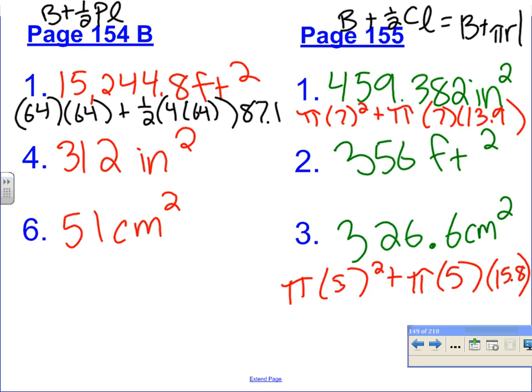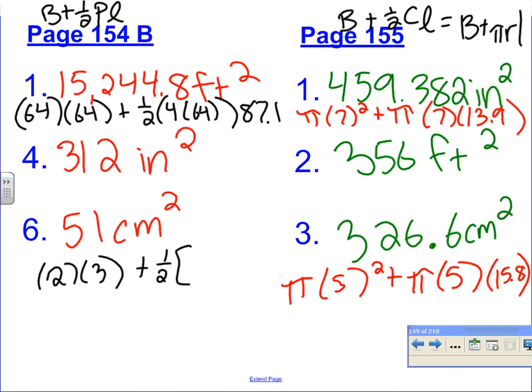Yep. Okay, let me ask you first. On number 6, what did you get for your slant height? Don't know? Okay, so here's what you need to do. Area of the base is 2 times 3 plus 1/2 times the perimeter.